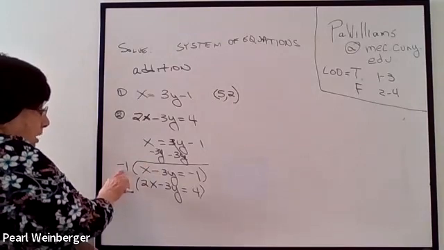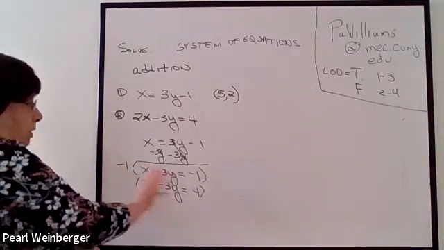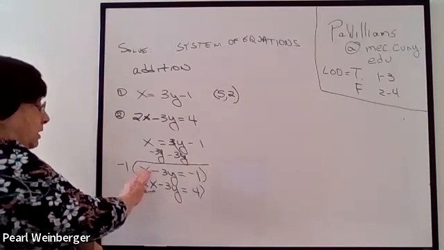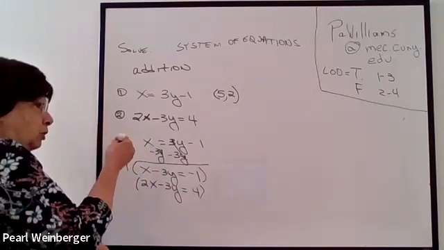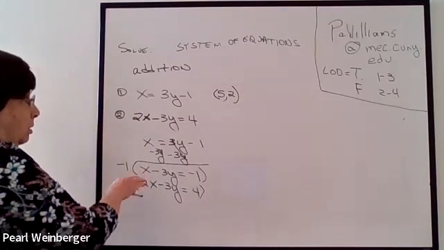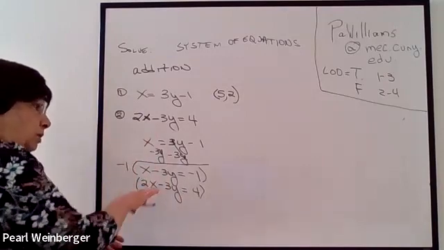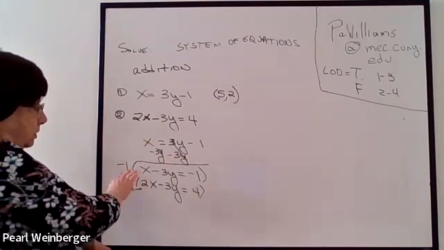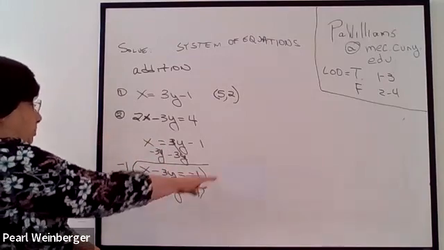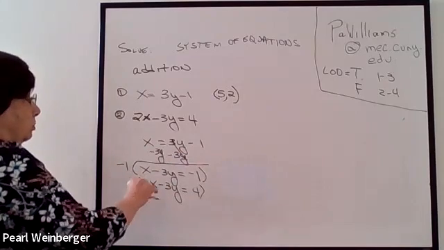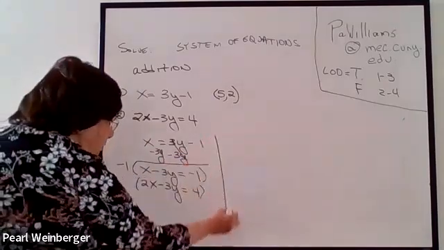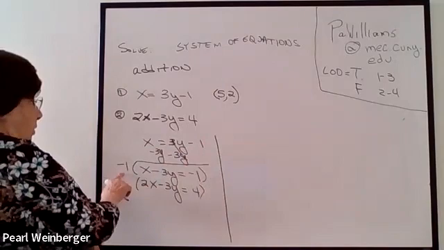Remember, when I use a negative, I only use it on one of the equations. I don't use it on both because I want one to be positive and one to be negative. Since they're both negative, I'm multiplying by -1 on this top equation so that one is positive and one is negative.